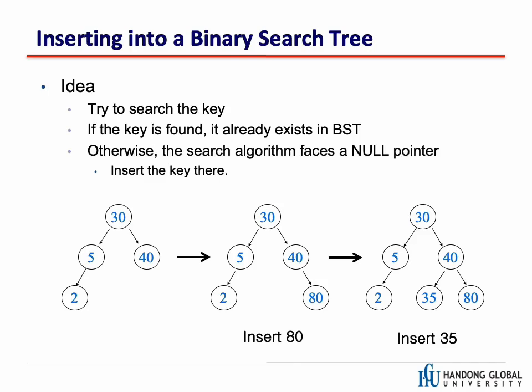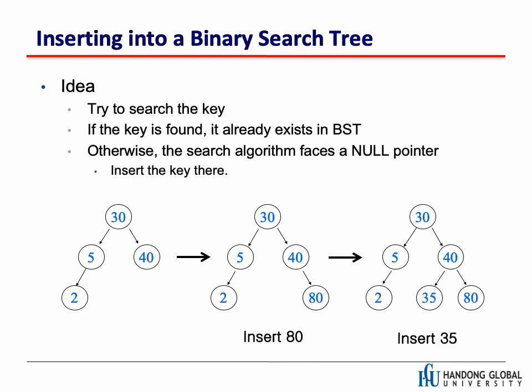Let's try to understand what I'm saying with this example. Given this BST with 30, 5, 40 and 2, we want to insert 80. First we search for 80.